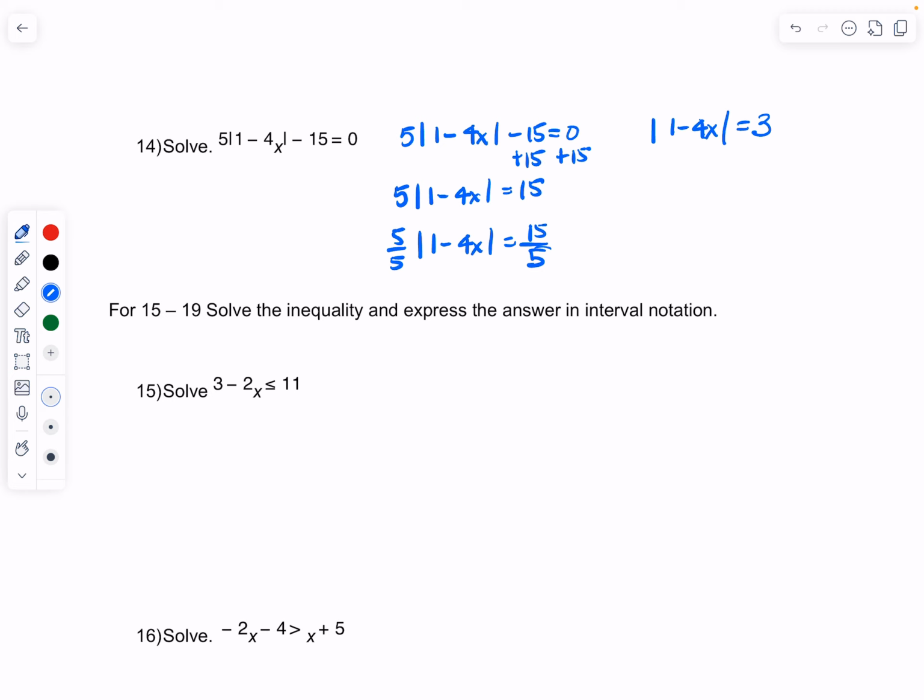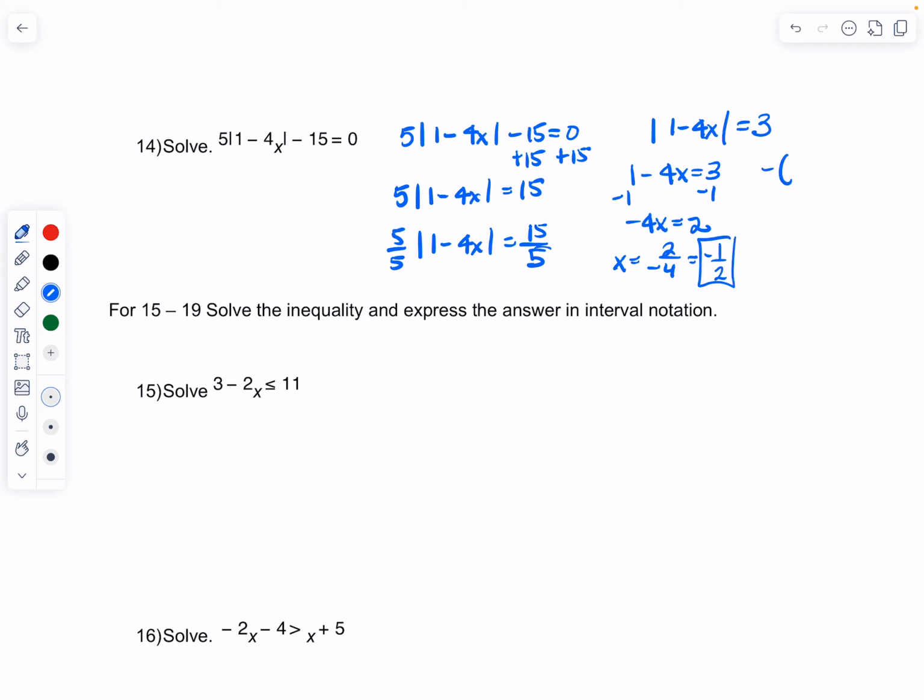So I have two problems. I can leave it alone, 1 minus 4x equals 3, and solve. So negative 4x equals positive 2. Divide by negative 4, x equals negative 1/2.